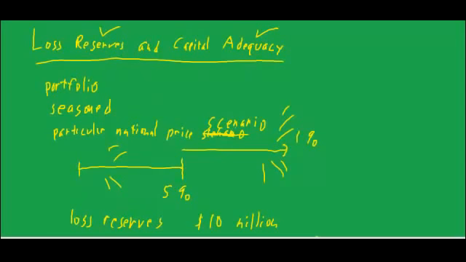But in the case of loss reserves and capital adequacy, you could look at a particular scenario and then vary house prices going forward around that, with the variability of individual houses relative to that national scenario. So there's still a lot of modeling, a lot of simulation in order to arrive at these kinds of calculations.